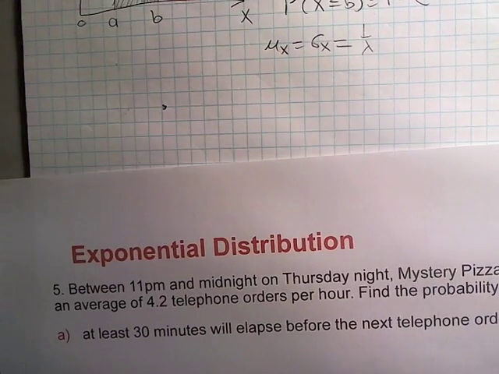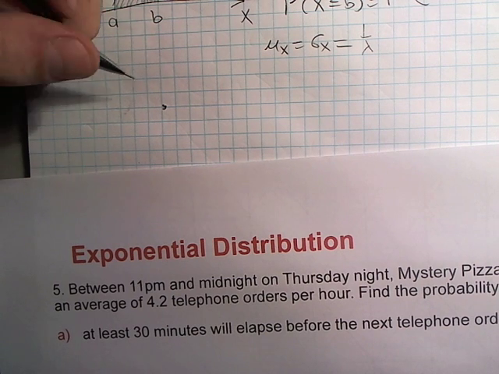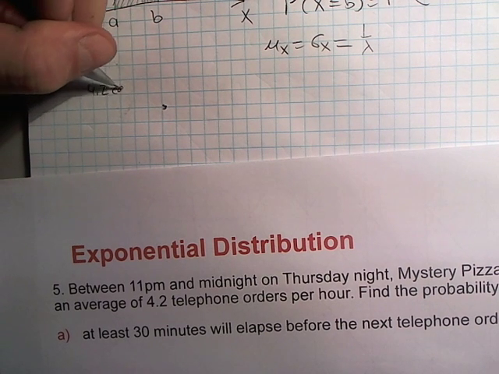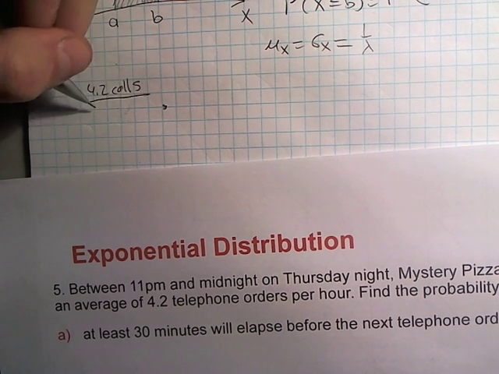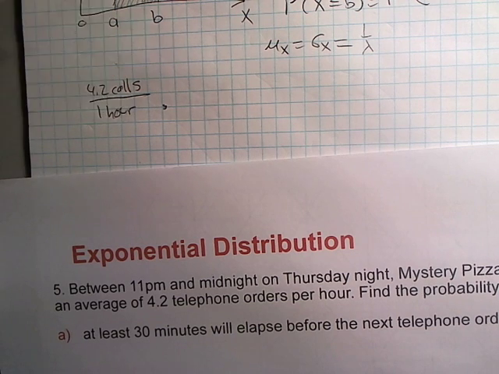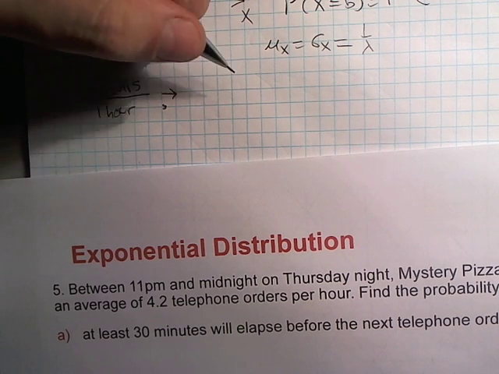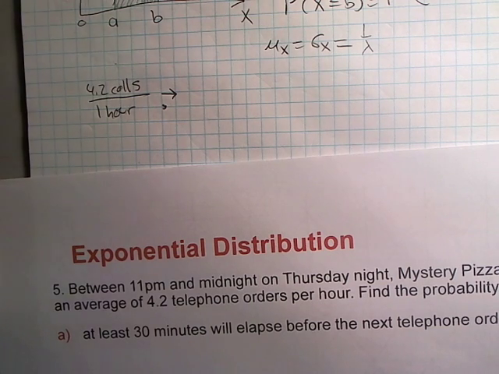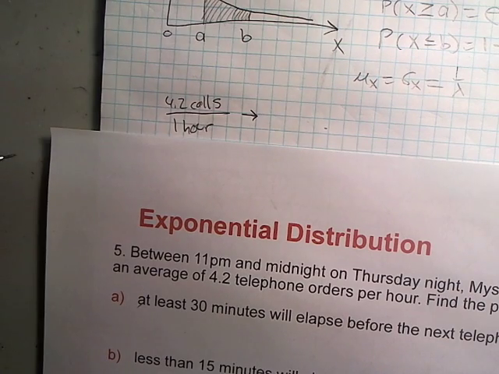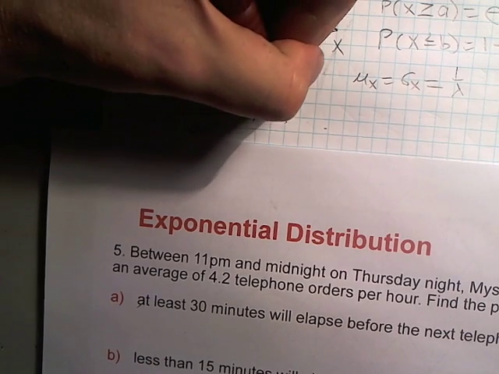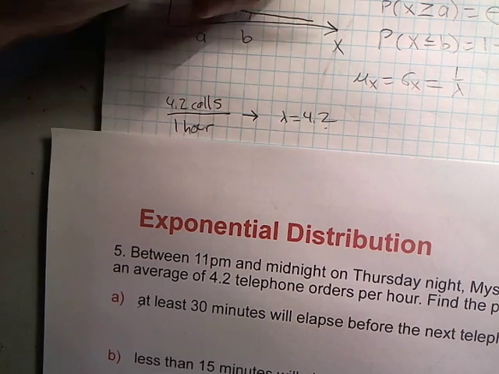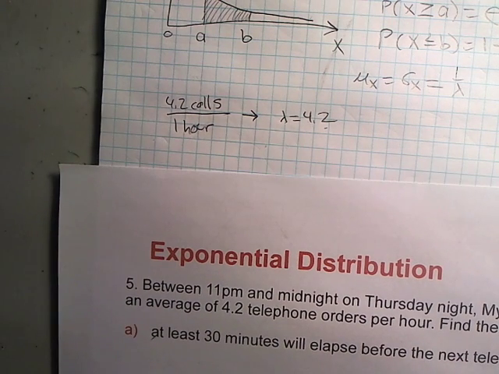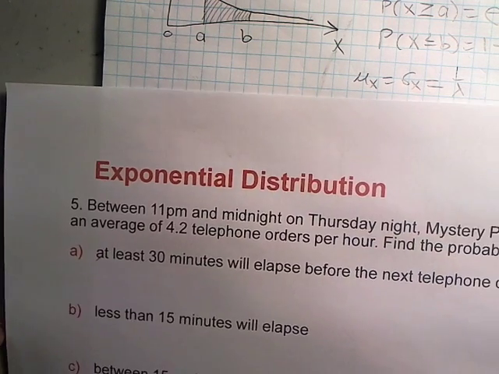So what I'm going to do is jot that down. 4.2 calls per 1 hour tells me that I have a lambda value of 4.2. And let's proceed with part A.